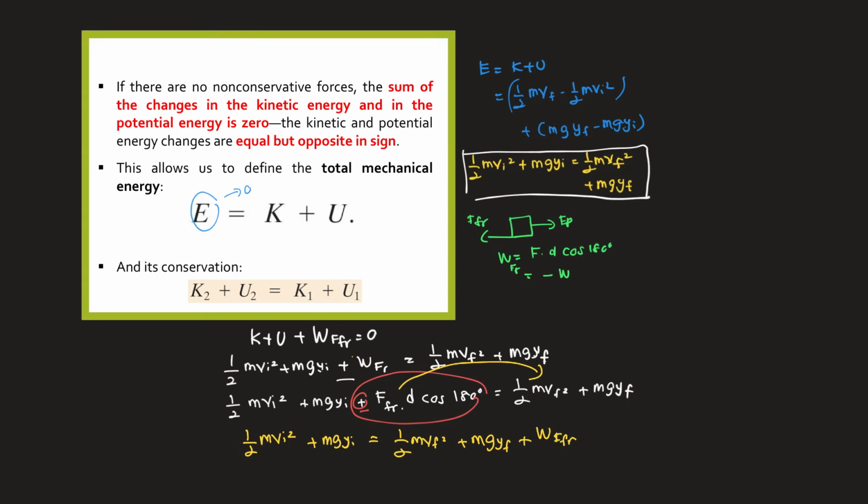But please take note, at this part do not put cos 180 degrees, because the original term was on the initial side. When you transfer to the other side, the negative becomes a positive, so you just put F_fr d only, and you know by yourself it already includes cos 180 degrees from the initial side. And that's how you use the equation.